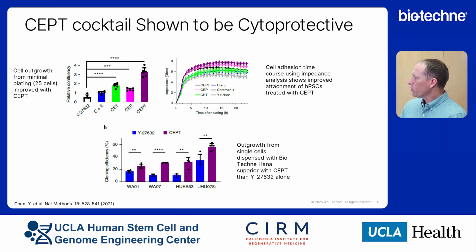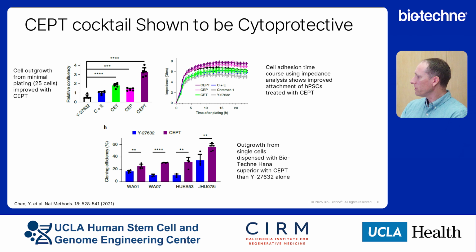And then finally, important for us is that they show CEPT compared to the Y27632 compound with various cell lines, where they did a single cell deposition using BioTechne's earlier version of the PALA called the HANA.